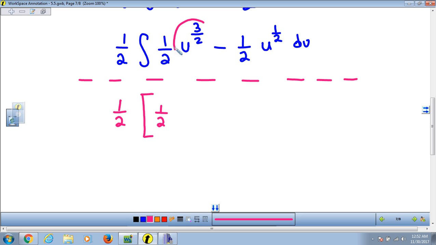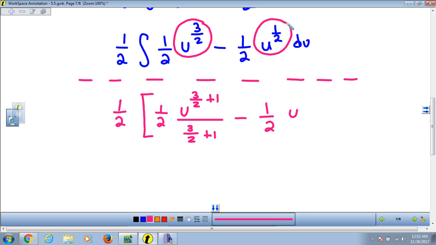Use the power function for the antiderivative of this expression. U raised to the 3/2 plus 1, you add 1 to the exponent, over the addition of the original exponent plus 1 again, minus the 1/2 that was already there. Do the same rule for this part. U raised to the 1/2 plus 1 over 1/2 plus 1.